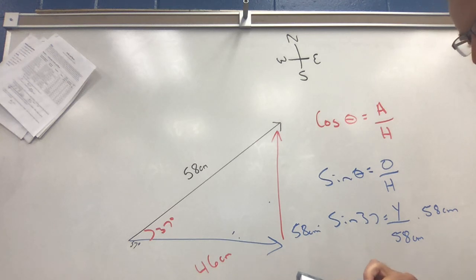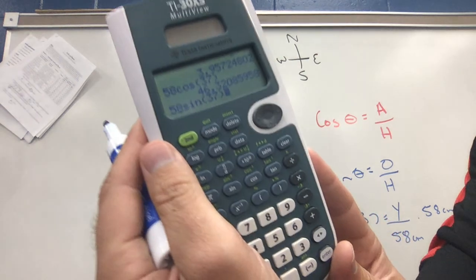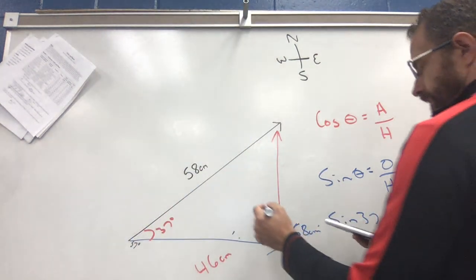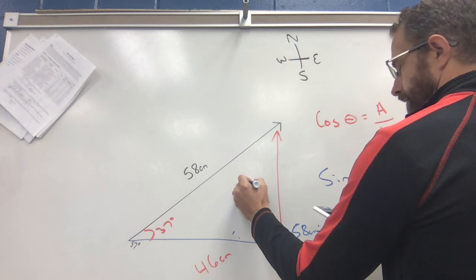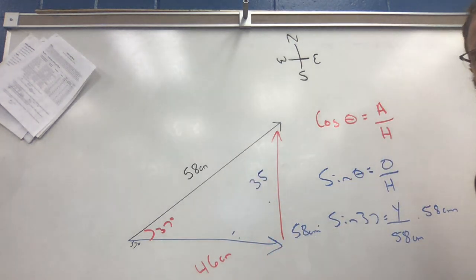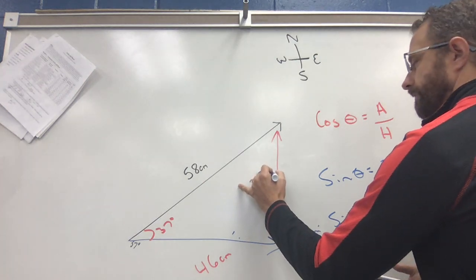So 58 sine of 37, again, just type it in. I scared Kelly the other day when I said trig review, and I think I gave her some PTSD, but that's all we're doing with this, trig buttons. So 35 centimeters.